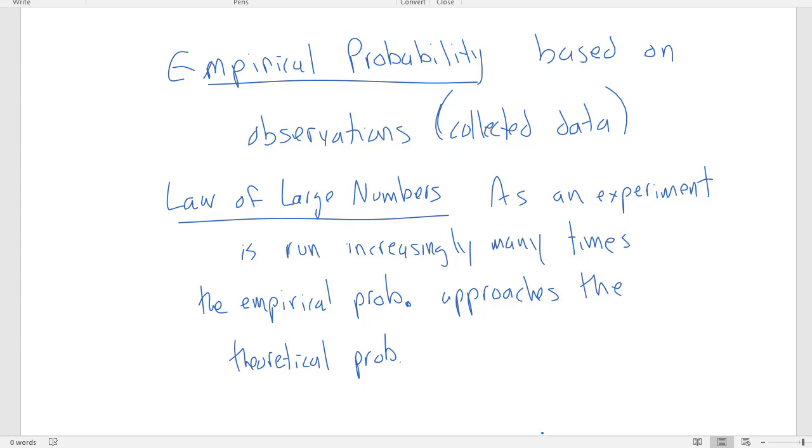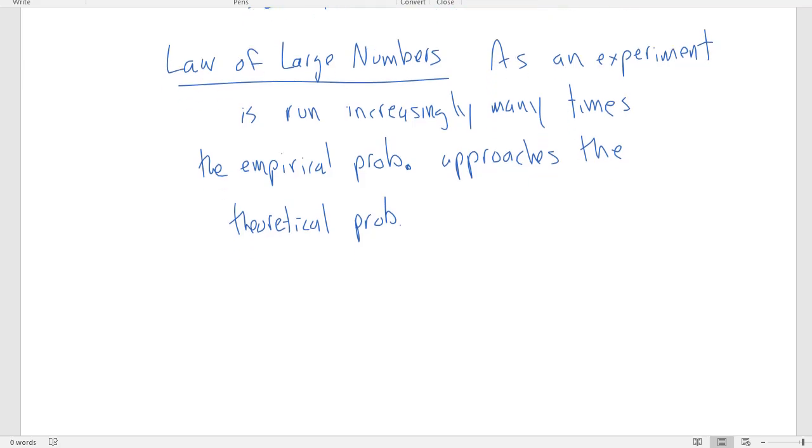They're not just looking at 100 drivers that are 18 to 24. They have really large data sets, thousands and thousands of drivers. So they're using the concept that the more and more I run this experiment, the empirical data is becoming close to the theoretical probability.